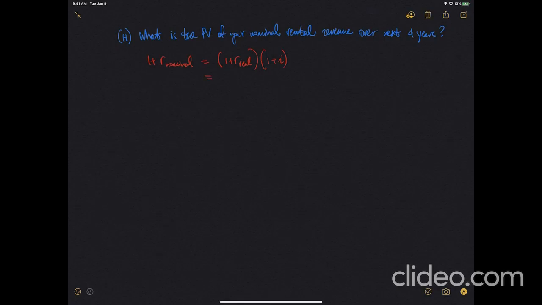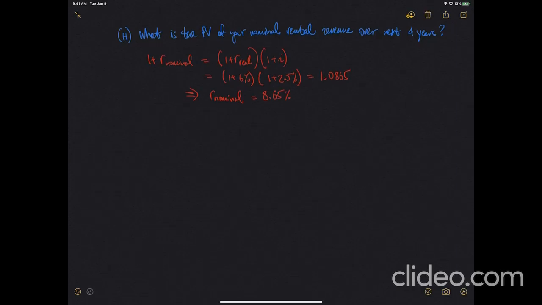Recall that the real discount rate is 6% and the rate of inflation is 2.5%. Multiplying these two quantities gives us 1.0865, and therefore from this equation we obtain that the nominal discount rate equals 8.65%.